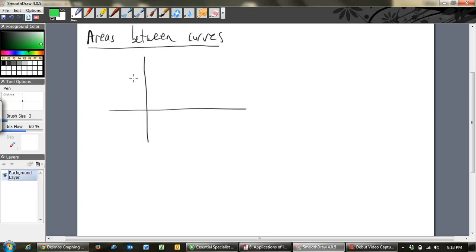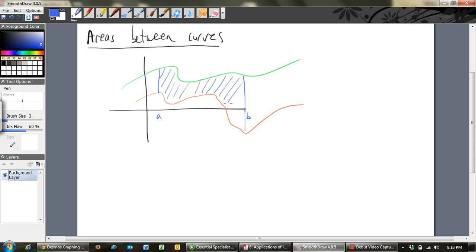But if we have two functions, one function up like that, and I'll do a red function, like that, then the area between the two curves, in other words, from A to B, will be the integral from A to B. Let's say the top function is f of x, and the bottom function is g of x.